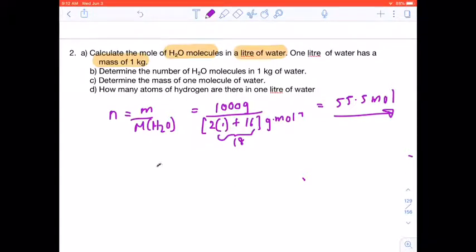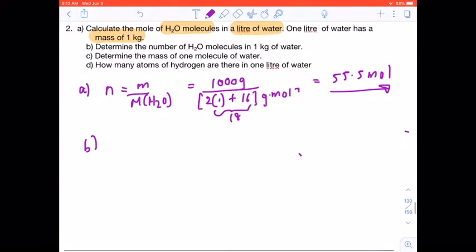Right, so that's A. B, if we want the number of molecules, it's a straightforward exercise, which is N times Na.